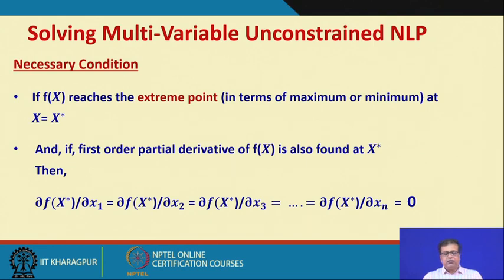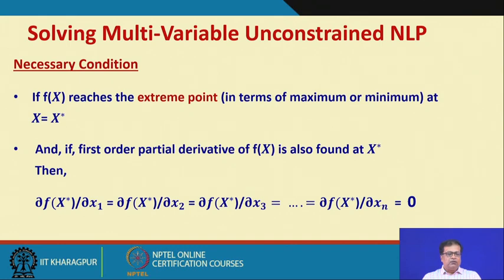After that, once we know that at that particular point we have the partial derivative existing, then we put individual partial derivatives equal to 0, right. So, the solution of these individual equations that you find by putting the partial derivatives equal to 0 will be the value of the extrema.